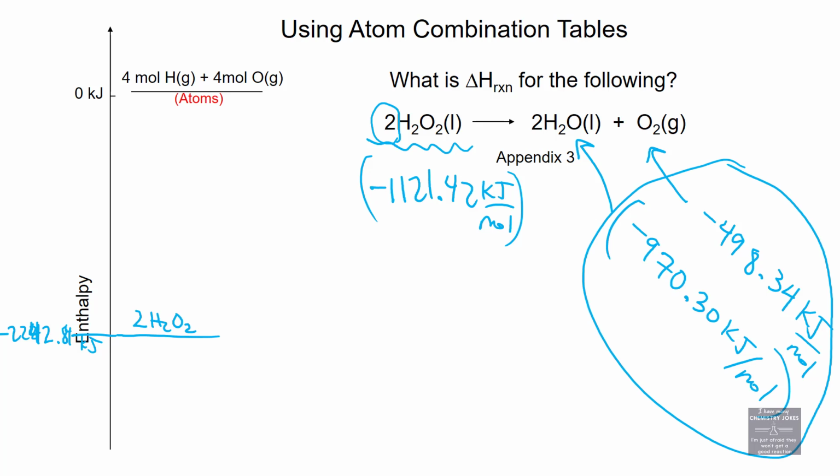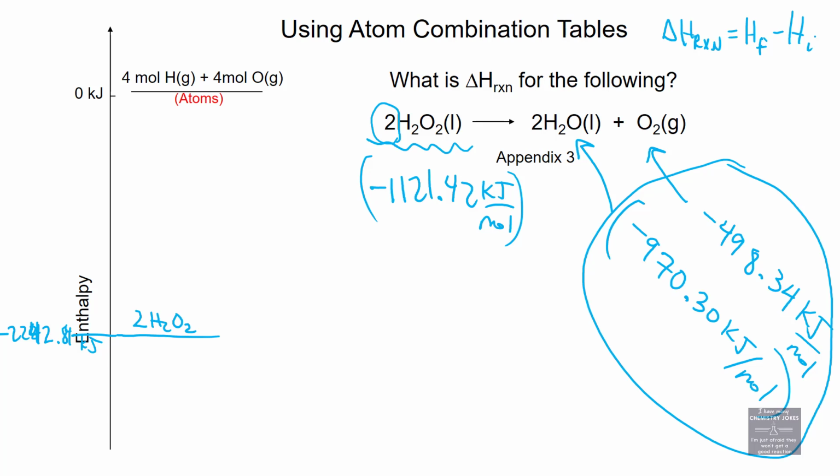So when I say delta H reaction is final minus initial, or products minus reactants, it's the sum of the enthalpies of the products multiplied by their coefficients minus the sum of the enthalpies of the reactants multiplied by their coefficients. So I'm taking oxygen, multiplying it by 1, and adding it to water multiplied by 2.